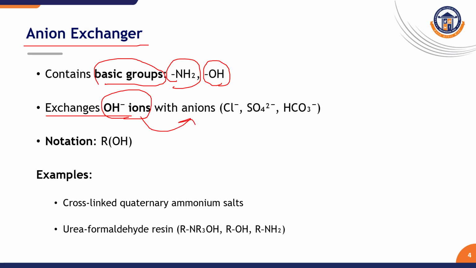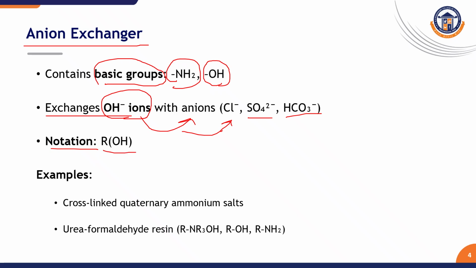What are the anions present in water? Chloride, sulfates, carbonates and bicarbonates. All these ions can be removed by replacement with OH- ions, so we call it an anion exchanger resin. The notation is given by ROH.